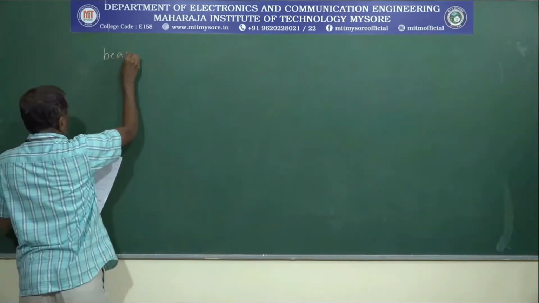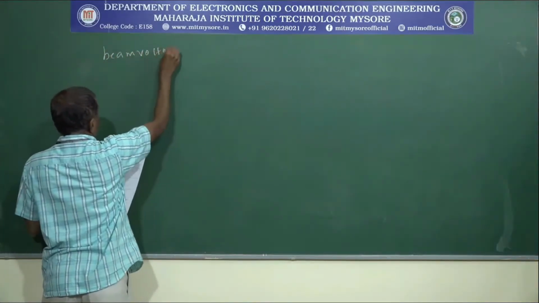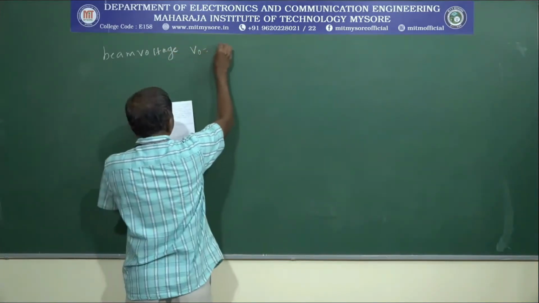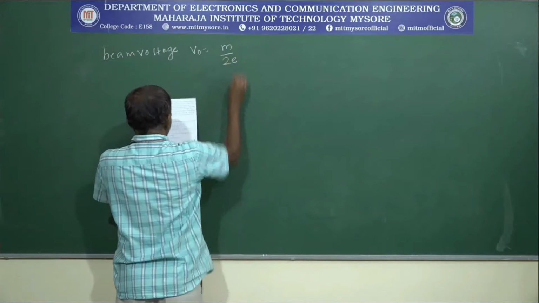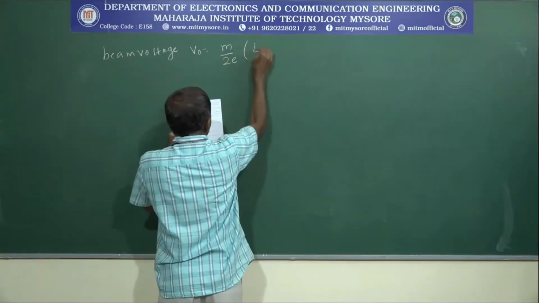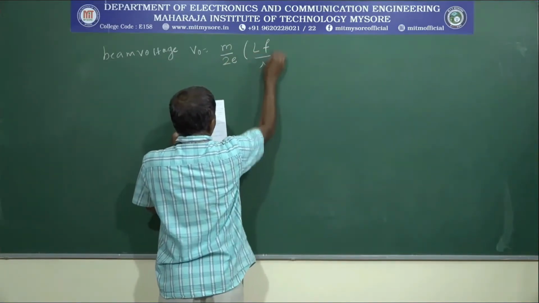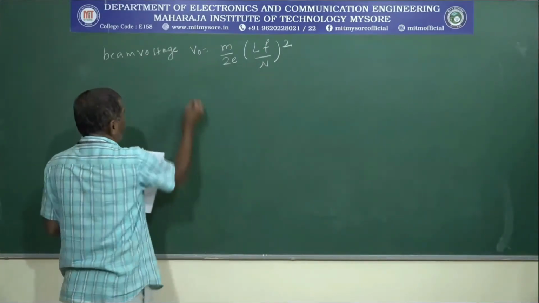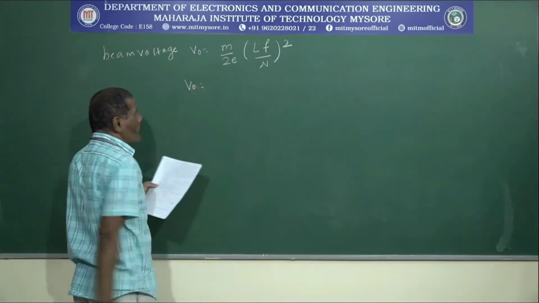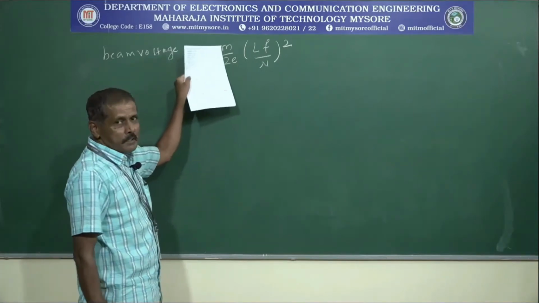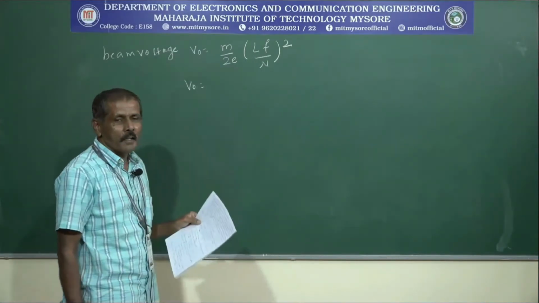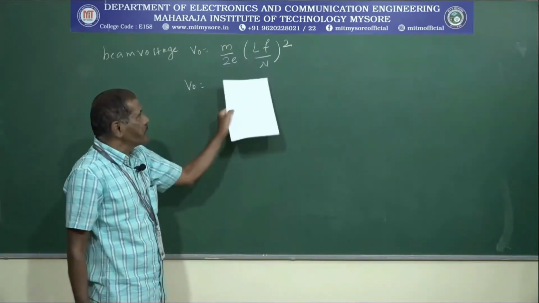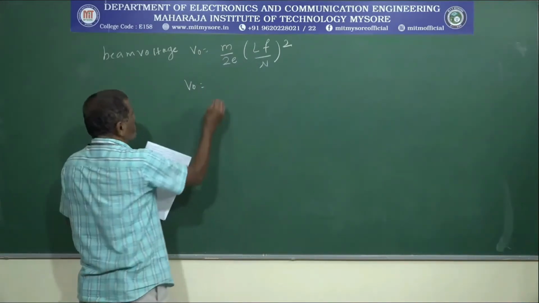Calculate beam voltage. The beam voltage is calculated from the formula V0 equal to m divided by 2e into (L f divided by N) whole square. So in this equation try to substitute the values. Here m is the mass of the electron, e is the charge of the electron, L is the length of the space, f is the frequency and N is the mode.